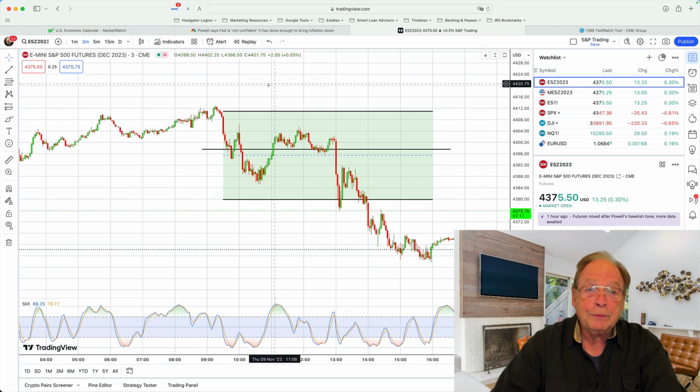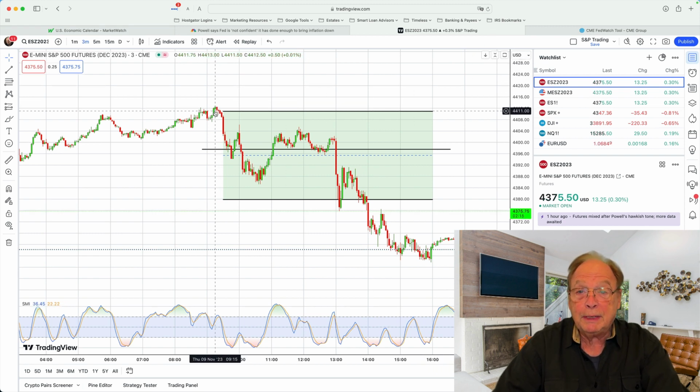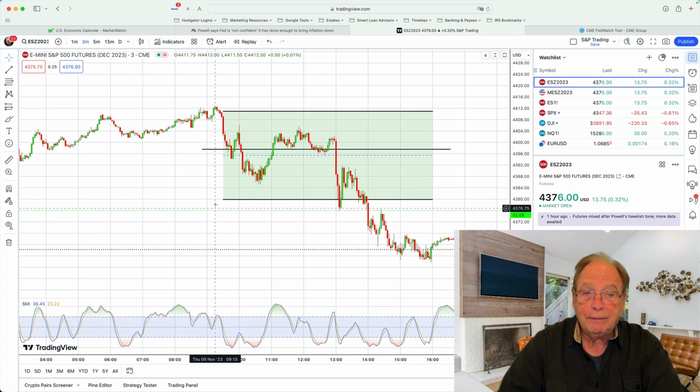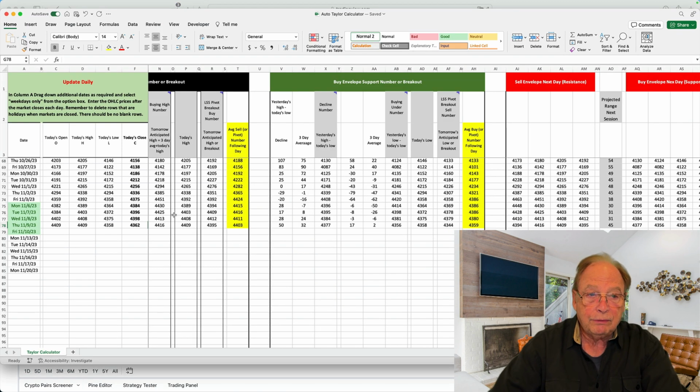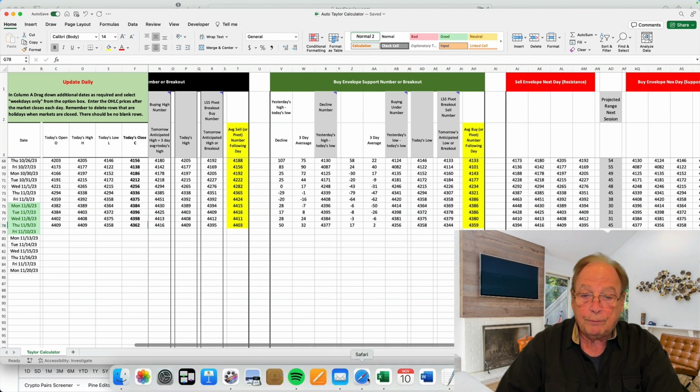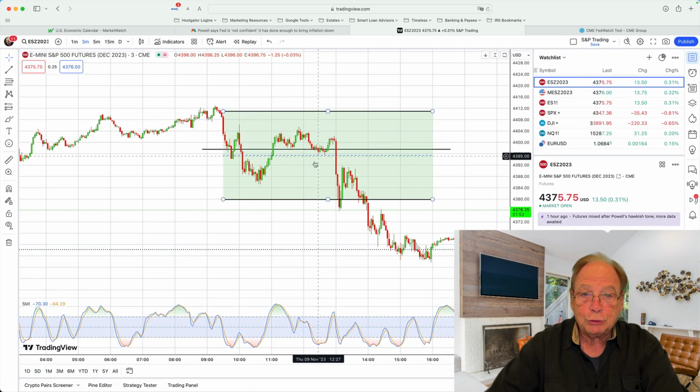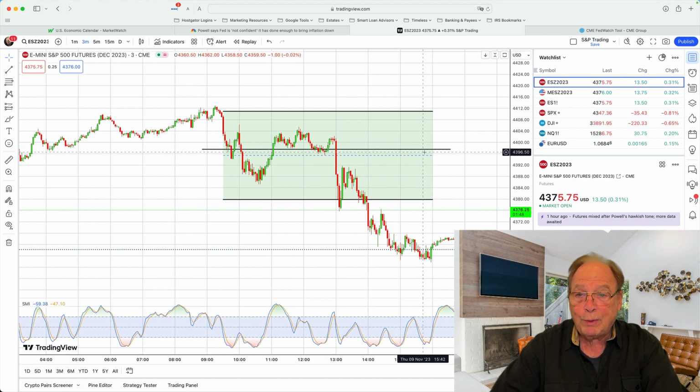Now, yesterday, here was my 3-minute chart of the S&P, and I had my resistance set at 44.11 and the support at 43.79, or 43.80. Those numbers are, of course, from my Taylor calculator, together with the previous close from Wednesday.